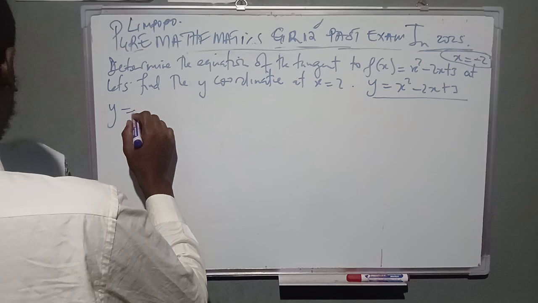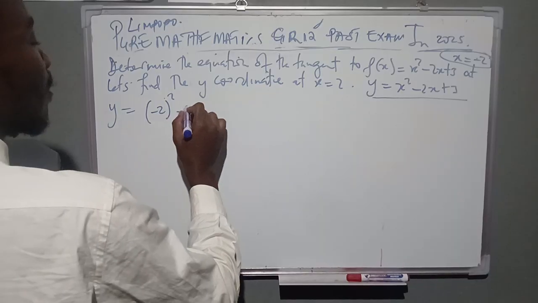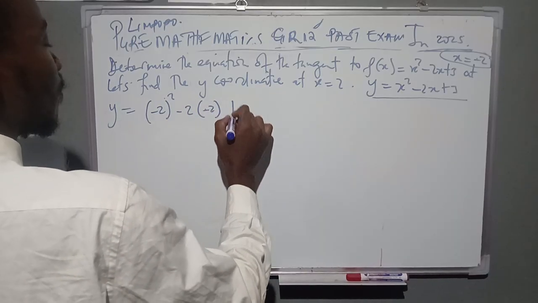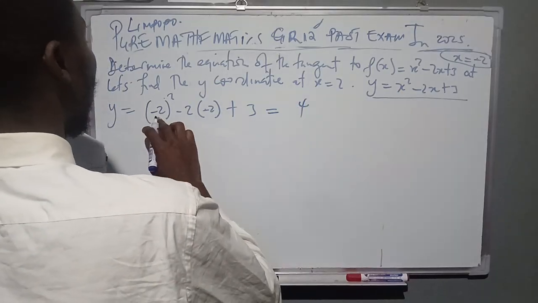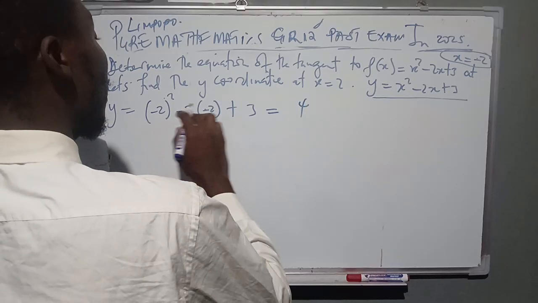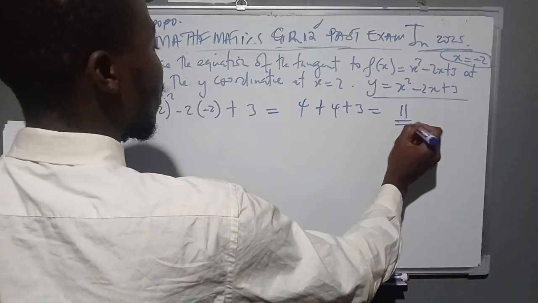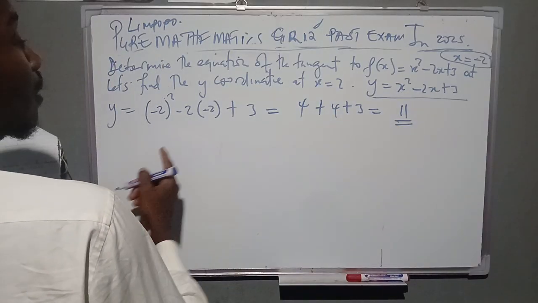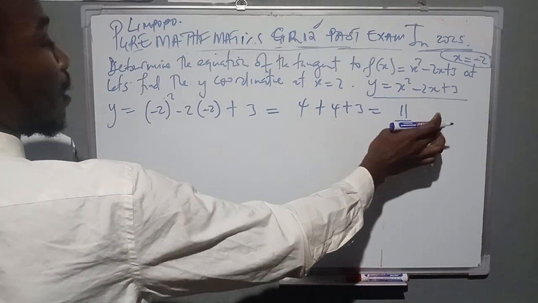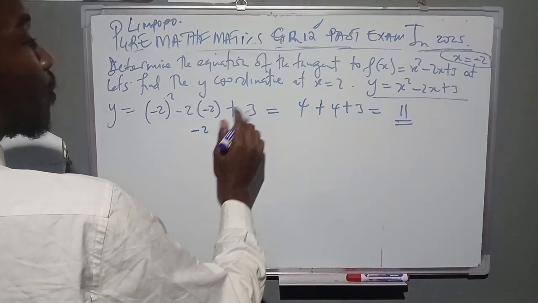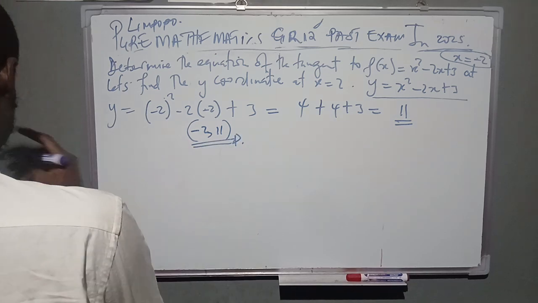So y equals minus 2 squared minus 2 times minus 2 plus 3. We get 4, again 4, plus 3. So we are going to get 11. So if we find the y coordinate, that means the point is minus 2 for x and 11 for y. That will be the point.